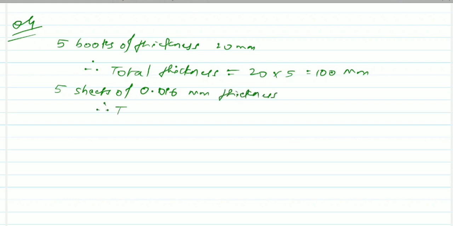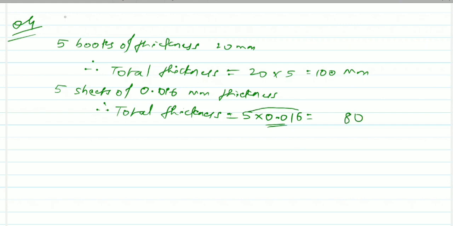So therefore total thickness of sheets will be 5 into 0.016. Forget about this 0.0. It's 16 5s are 80. Now just count how many digits are there after the decimal point. It's 3 digits. So leave 3 digits from the end, 1, 2, 3 and give the decimal point.